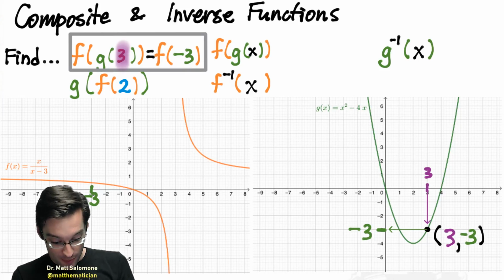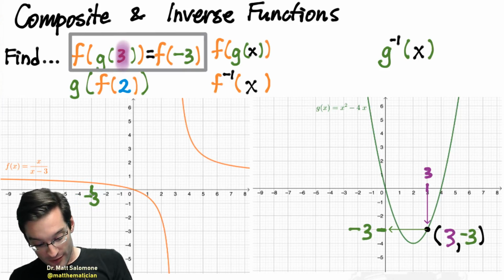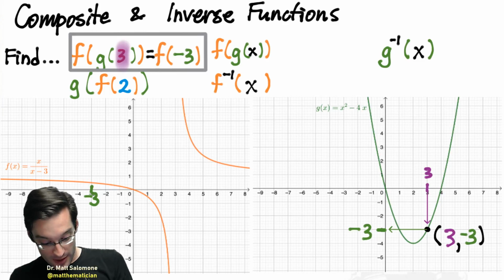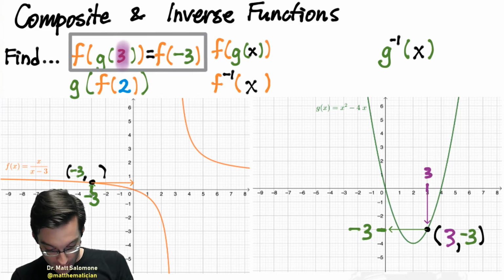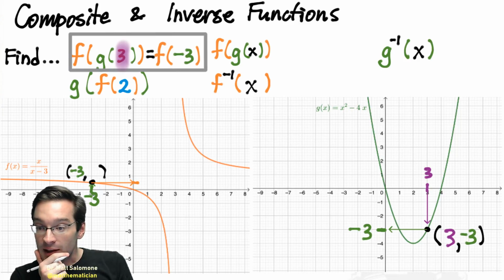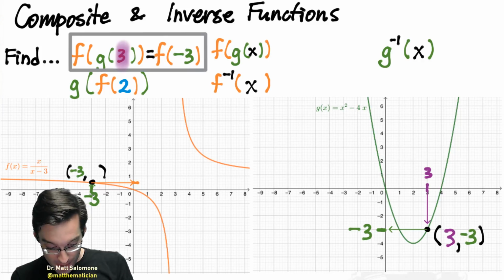And then I do the same process with my f function, where I look above and below x equals negative 3 on the graph. I find out that there is indeed a point on the graph of f of x that has an x coordinate of negative 3. And I just want to know what's the y coordinate that corresponds to that point. So I look over to the y coordinate of this point, whatever it is, and it looks to me like this is about 1/2.